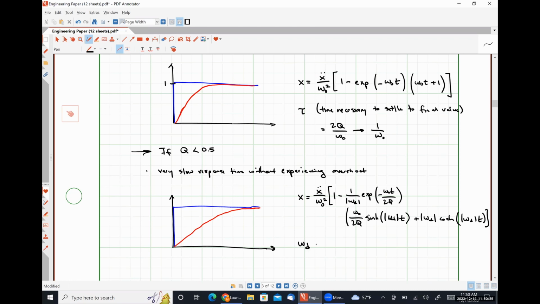Omega D is defined to be omega naught times the square root of 1 minus the quantity 1/2Q squared. And I have in my notes here that this is going to be imaginary, which is where I believe all the hyperbolics are coming from.